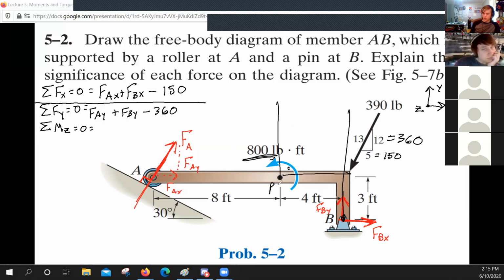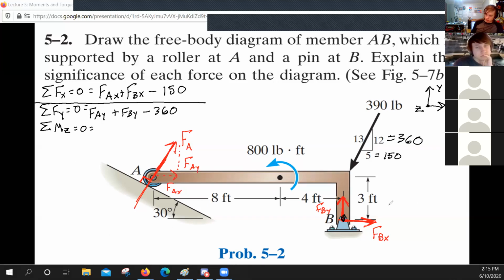If this was your P, there would be a force acting over here that is some force F, and then this is some distance D. So you'd say that 800 equals F times D. And what's nice about that is we'd be putting a force here for this pivot here, which is a big 0.